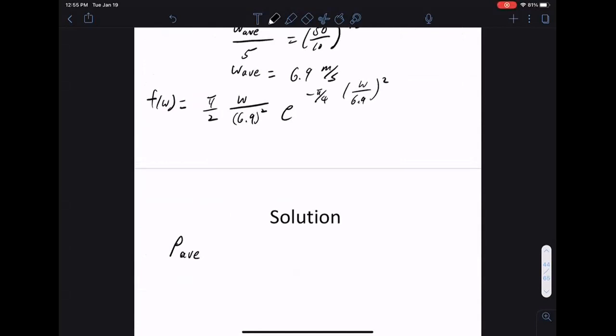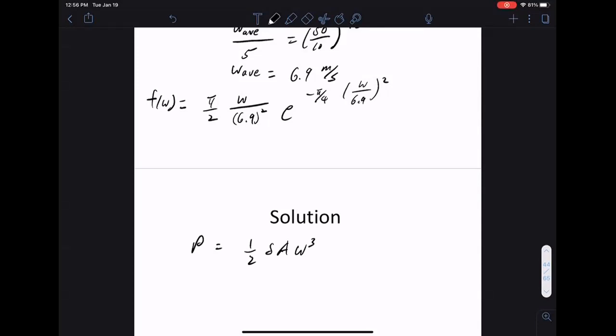If you recall, the power at a particular speed is 1/2 delta A omega cubed. Okay. So remember what we said at the beginning of the class, you cannot take the speed average and just cube it. Okay, so that's not correct. We have to cube each individual speed and then take the average. You cannot first take the average then cube it.